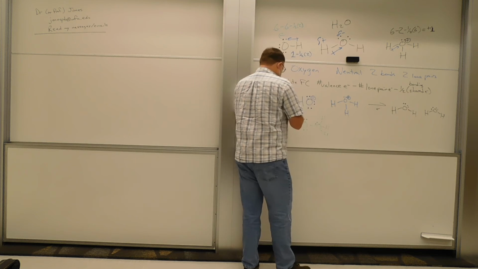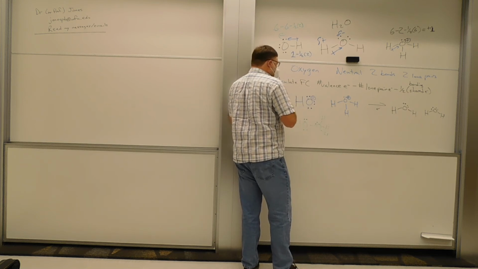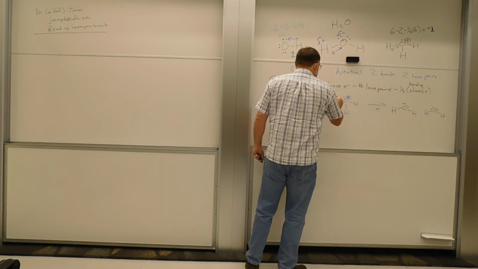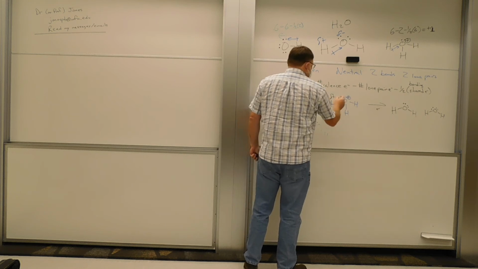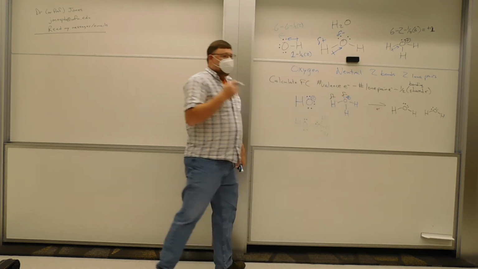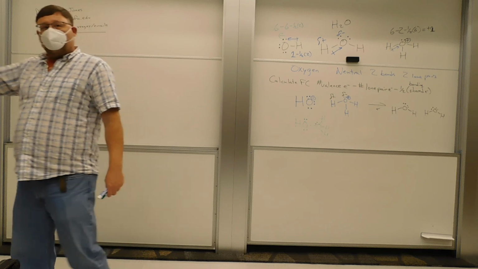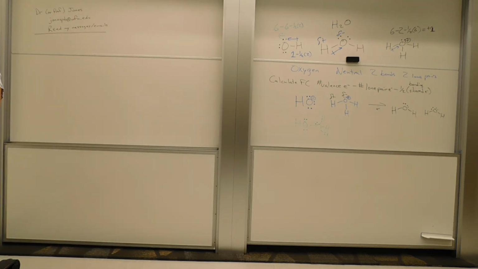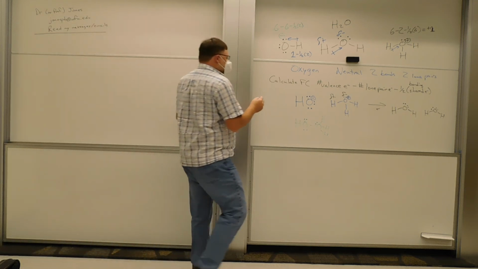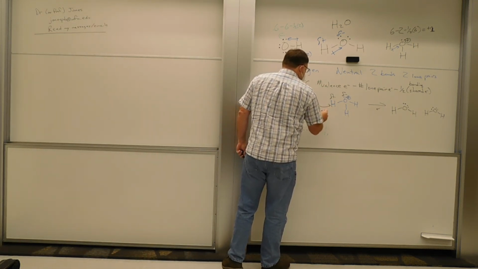And the reason is, again, the polarity is off. Remember that even though the formal positive charge is on that oxygen, the polarity of the OH bond has the oxygen more electronegative than the hydrogen. So the hydrogen has a partial positive, and now the mechanism instead looks like this.